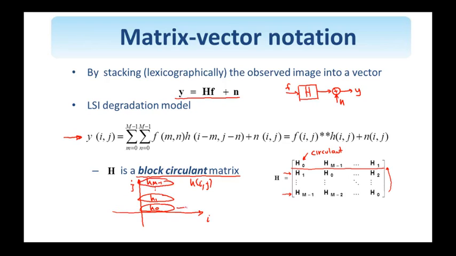Then the 0th row will be used to form the submatrix H0, the first row the submatrix H1, and all the way to the submatrix Hm-1. So this impulse response that I show here is all that's needed to form this block circulant matrix, because for each block I need its first row, and that's all I need because it's circulant at the block level.